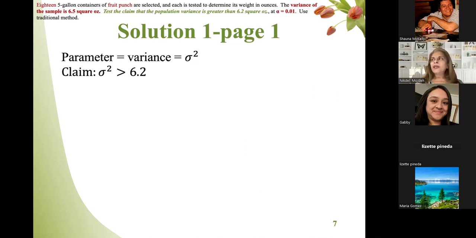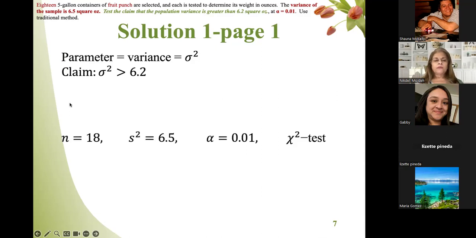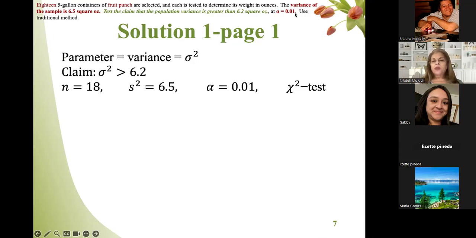What is my sample size? N is 18. The 5 gallon is a description of the fruit punch. The variance of the sample, S squared, is 6.5 square ounces.